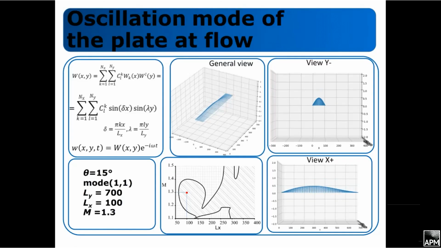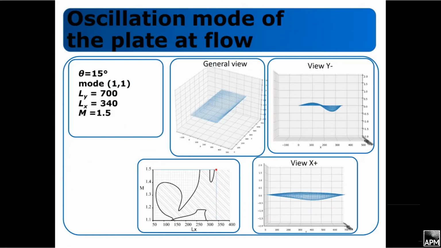This is an example of the oscillation mode of the plate in flow at a region of single mode flutter. The oscillation mode is close to the oscillation mode of the plate in vacuum. These are the results of the oscillation mode of the plate at a region of coupled mode flutter that is caused by the interaction of two modes.